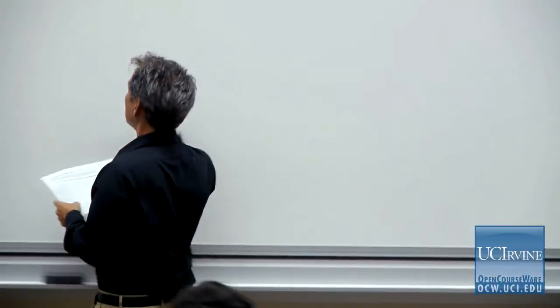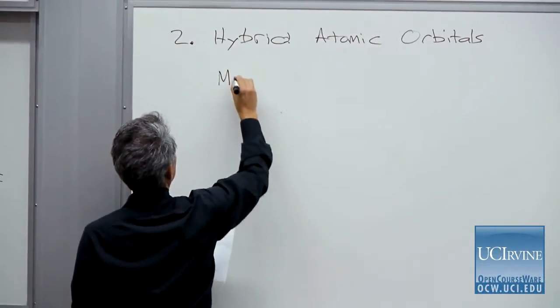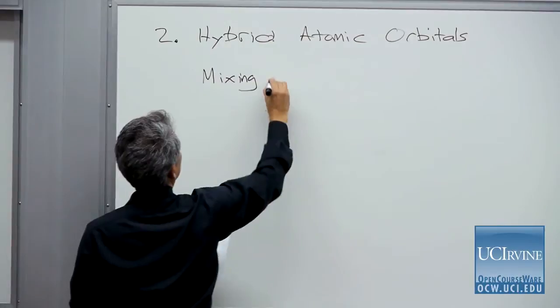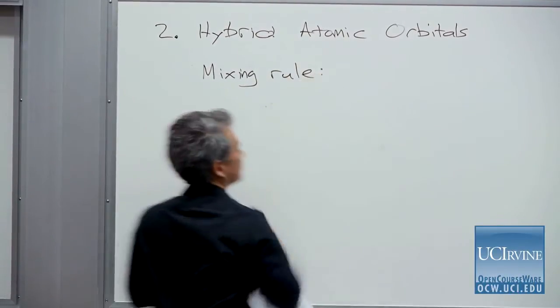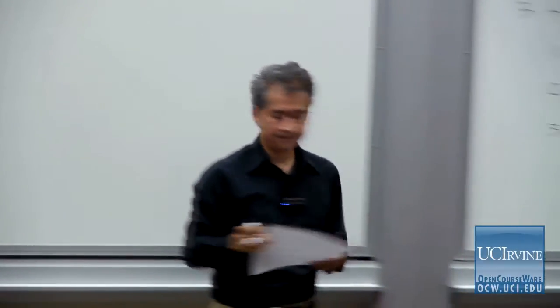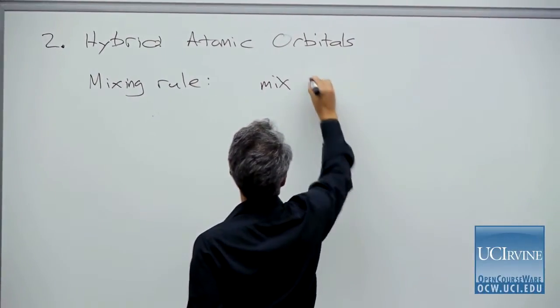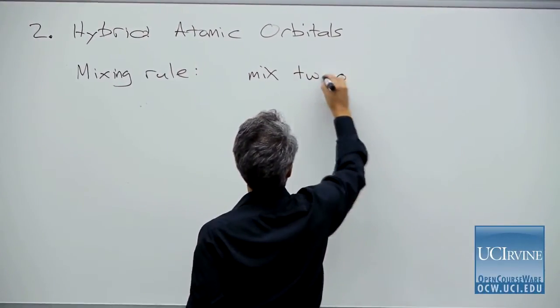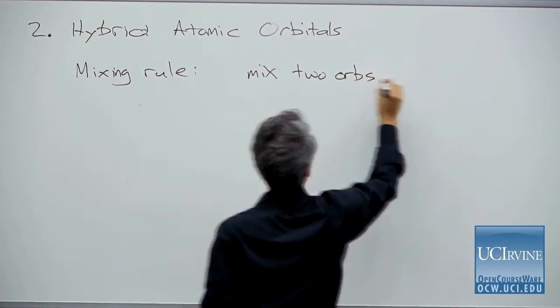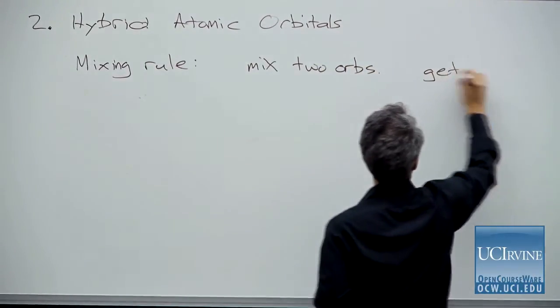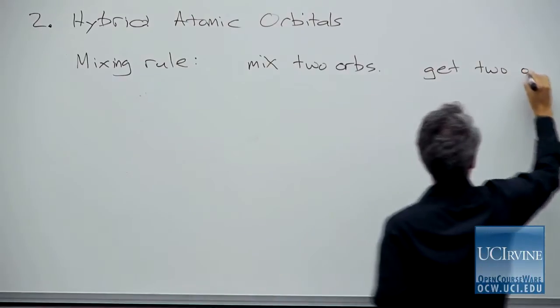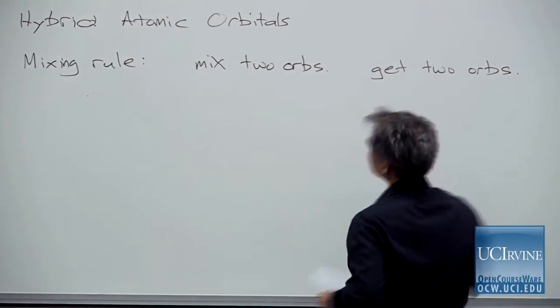It's best to think of them as mixing two at a time. And the rule is pretty simple. If you mix two orbitals, you get two orbitals out.